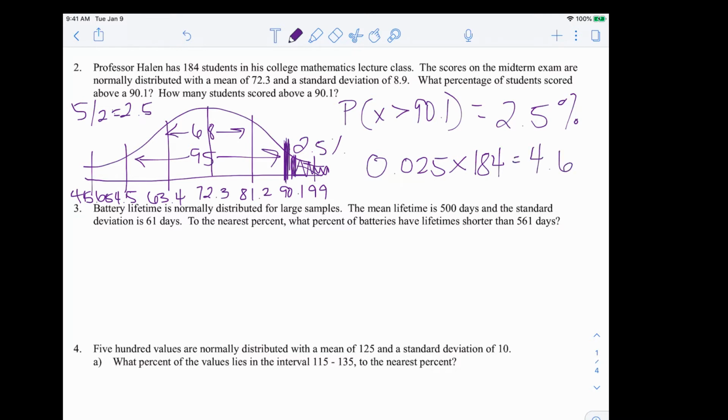Now, we actually can't have 0.6 of a student, so we need a whole number. And in this case, I'm going to round up, because if it were 4, that would not be enough. So we're going to say that this would be approximately 5 students that scored above a 90.1.